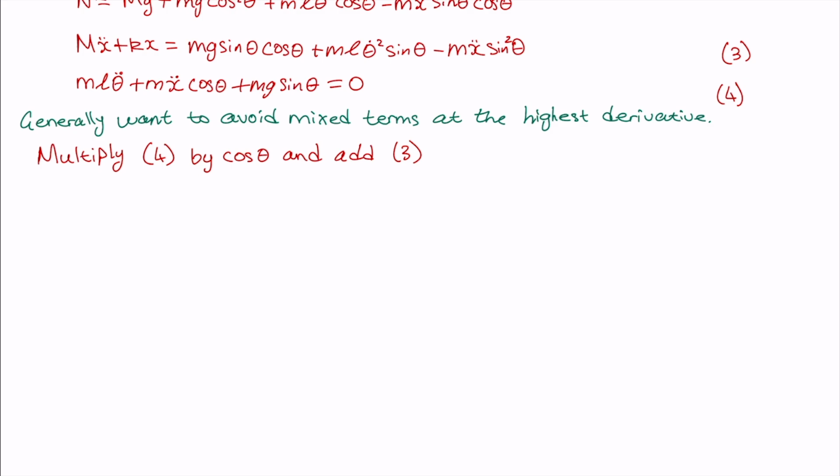That will give us our proper equation of motion. And then lastly, we're going to multiply 4 by L. This will put them in what we'll call a symmetric form for right now.